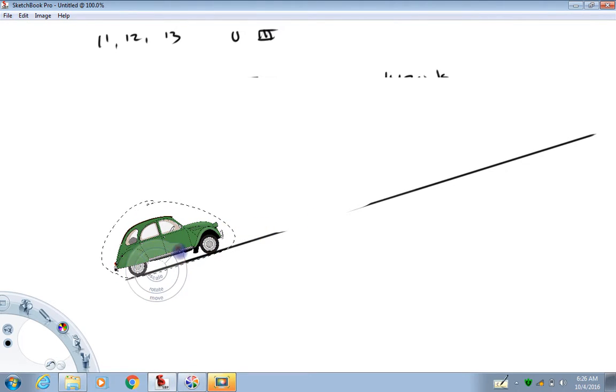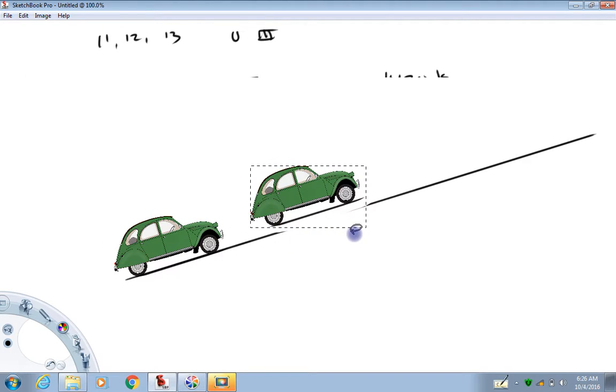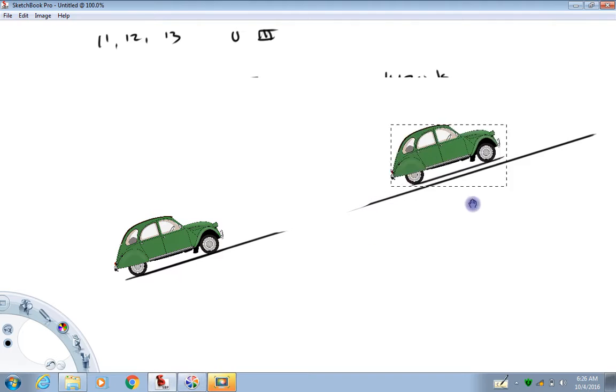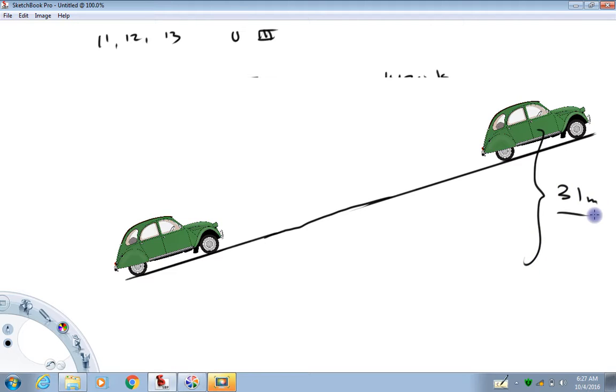Another picture at the top of the hill. This doesn't have to be straight in this example. And in my example, it says that the top of the hill is 31 meters higher than the bottom. So in my example, this height difference here is 31 meters. Yours could be a different value, and that's okay.